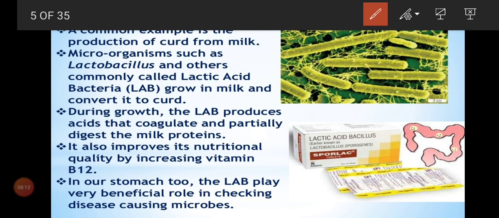Third, microbes in sewage treatment. Fourth, microbes in production of biogas, then microbes as biocontrol agents, and microbes as biofertilizers. In these six headings we are going to learn about different microbes.